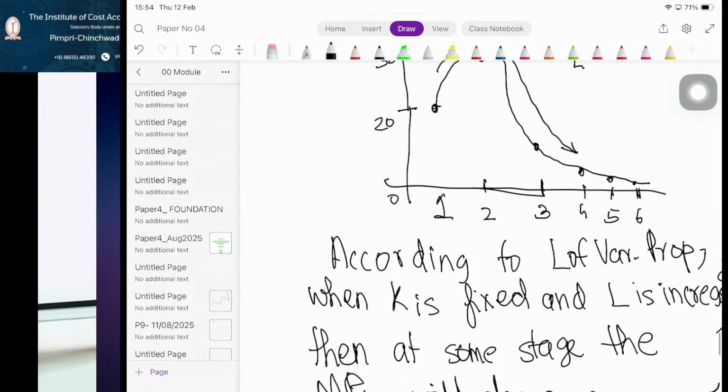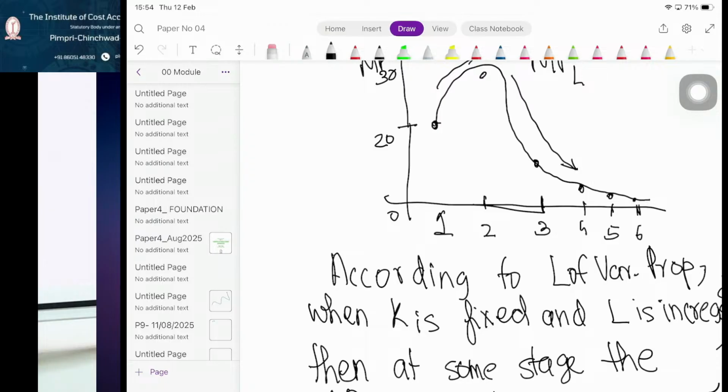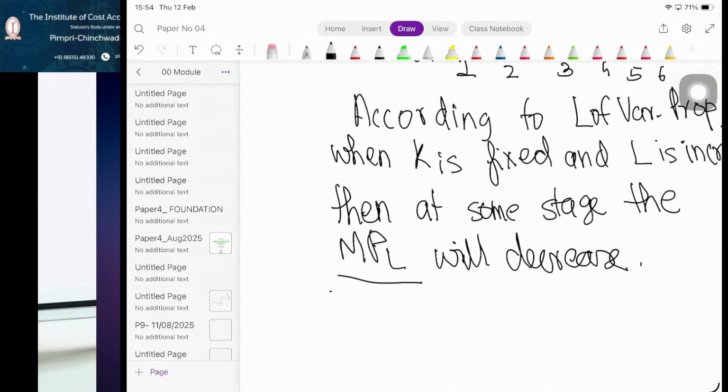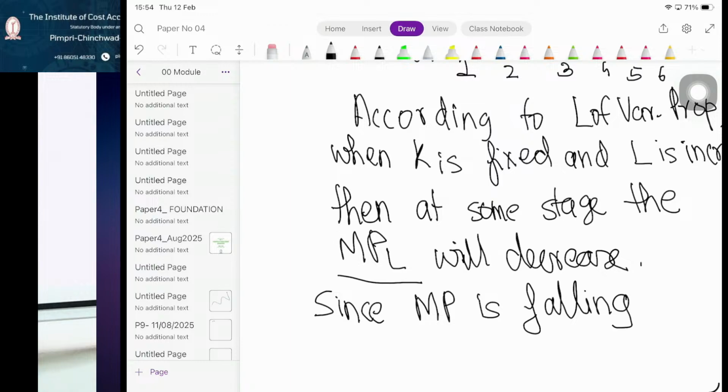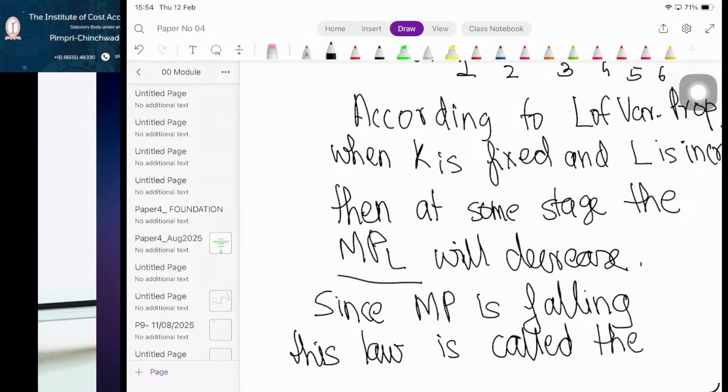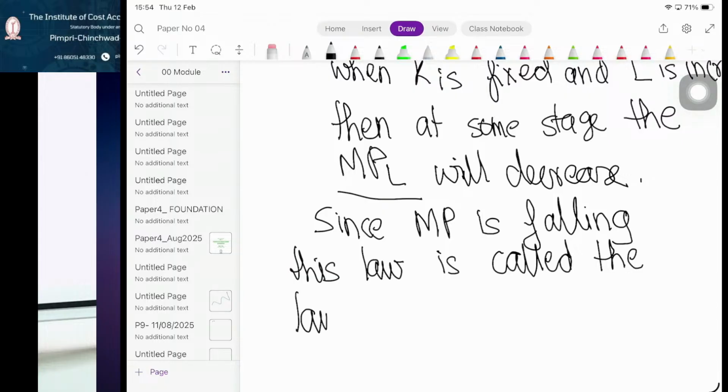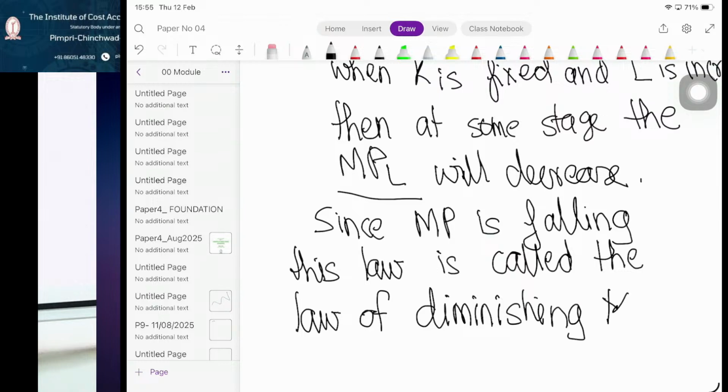Can you tell me from where the law of variable proportions, diminishing marginal, okay, write this, since marginal product is falling, this law is called the law of diminishing marginal product.